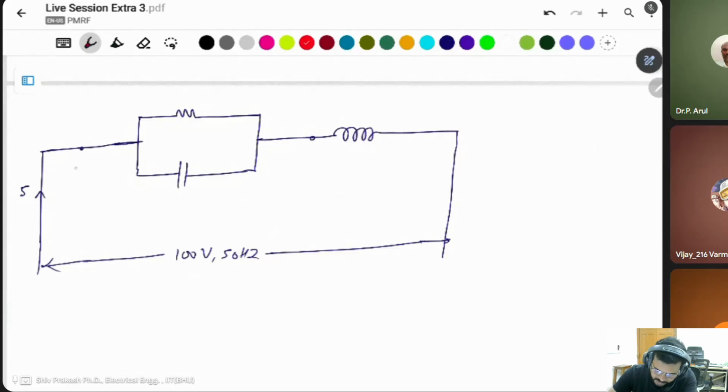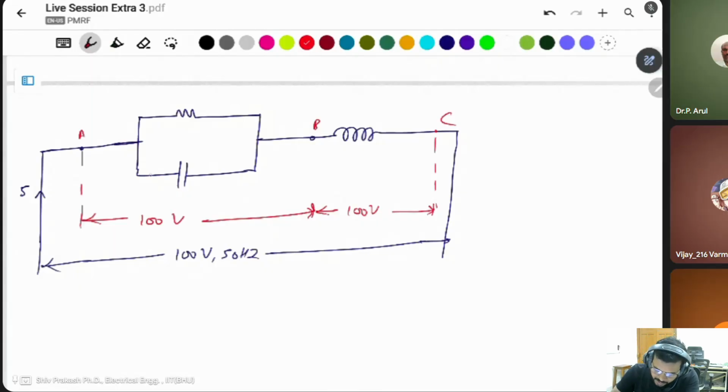The magnitudes of these voltages across A, B and C are 100 volt. It means the magnitude is the same.